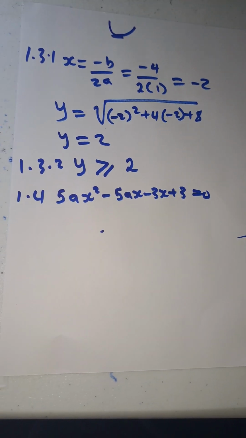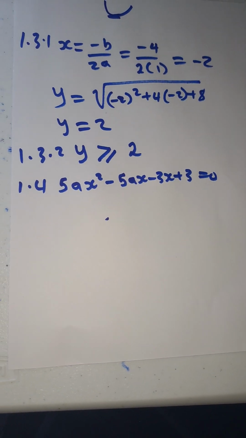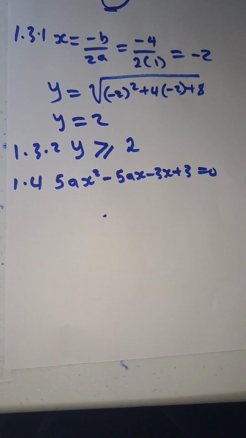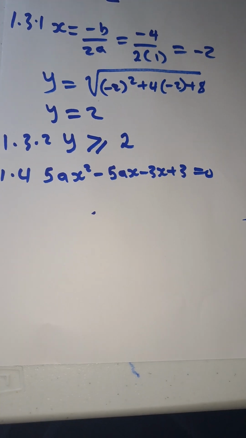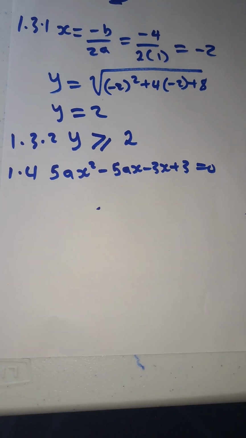Already they've put it simple for me. It is now a summarized equation. They have already factorized it for me. Now I'll just have to do my own maths there.